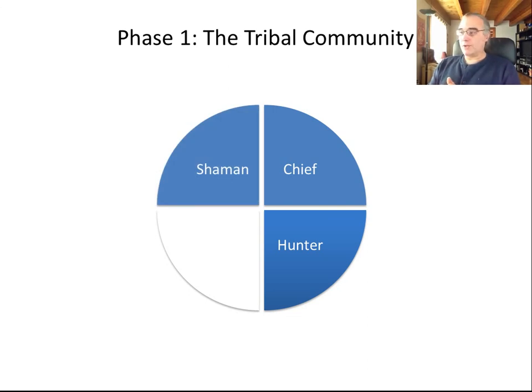The shaman is trying to mediate the tension between the chief, who basically says, I'm chief because I can beat everyone else over the head, and the rest of the tribe, the hunters. So the shaman has to find a way to make this tension go away, to get an agreement between the chief and the hunters, that the hunters will be led by this chief, and the chief should not be too violent in trying to keep the hunters in line.